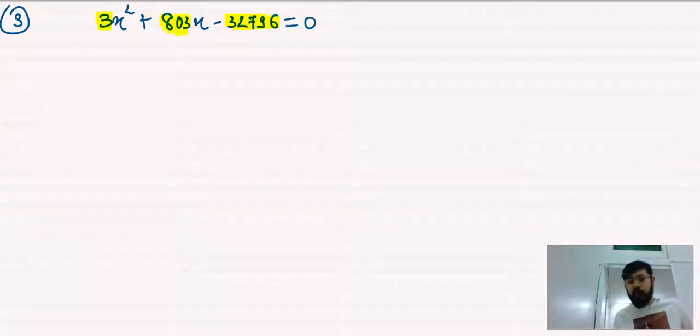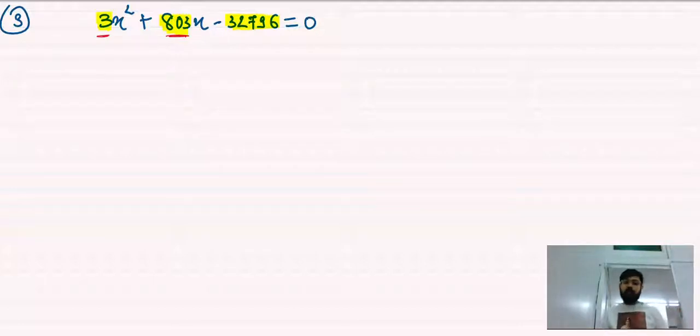Here in this case, it doesn't seem possible, because I have 3 as the coefficient of x square and 803 over here. Now 803 is not a multiple of 3. 803 doesn't have 3 as a factor, because if you add 8 and 3, it gives you 11.